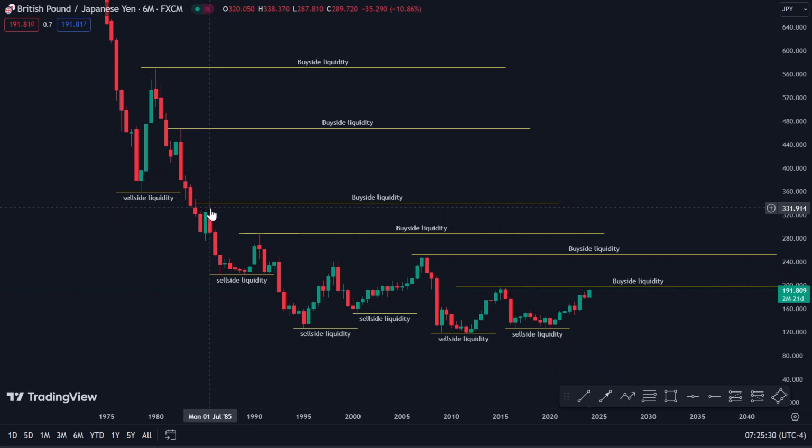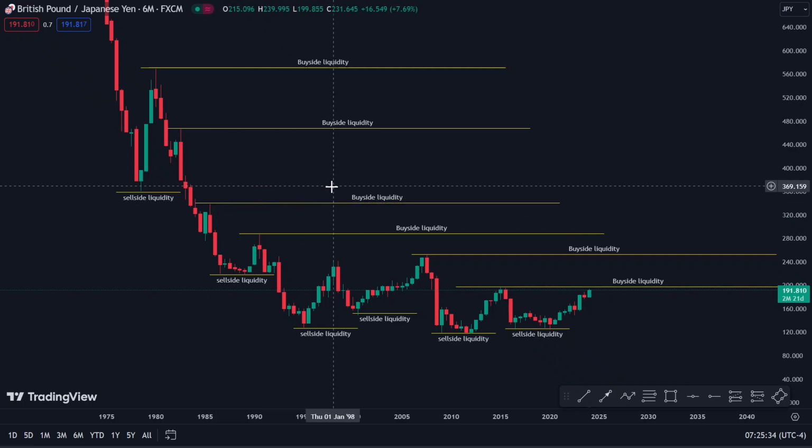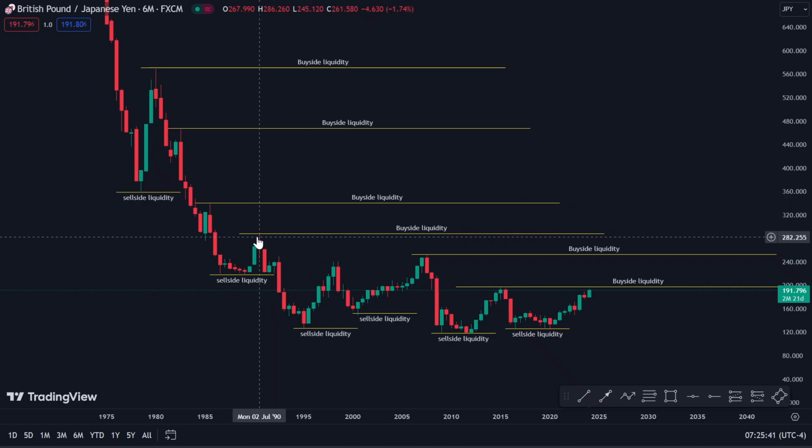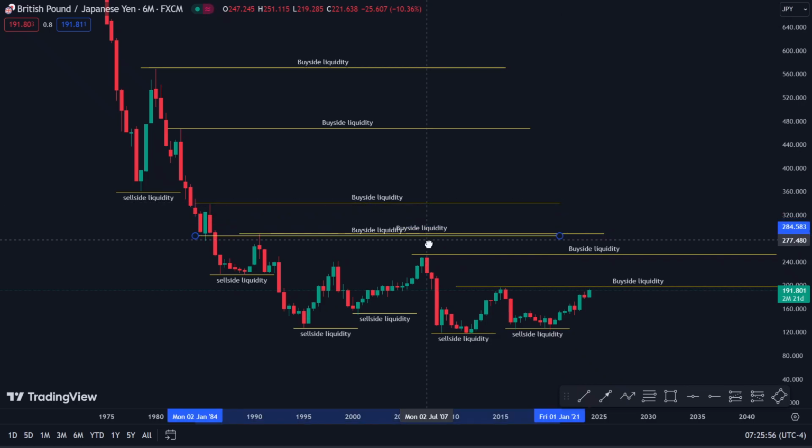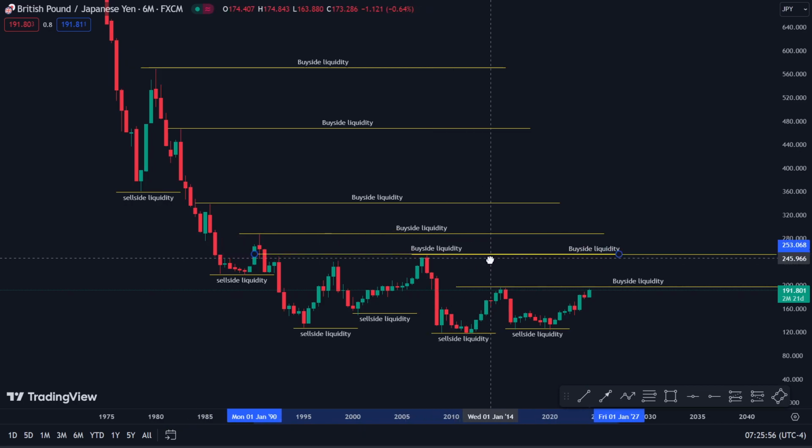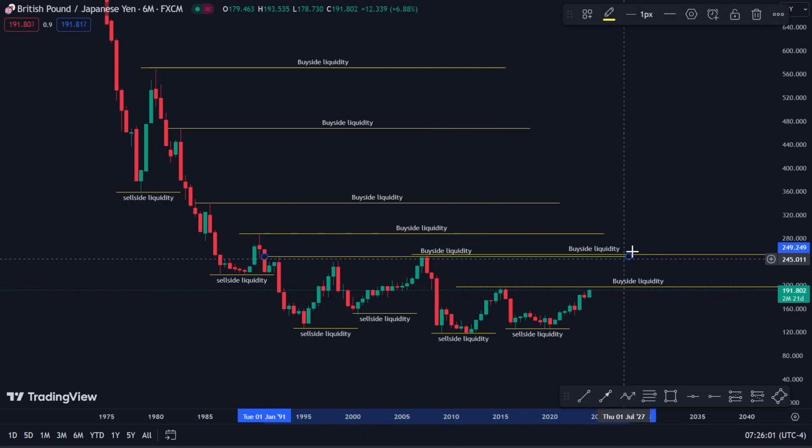Over here, we also have a swing high. Above this swing high, we have a cluster of buy stops, and this equally and likewise forms our buy side liquidity. There is also another swing high over here, which forms also our buy side liquidity. There is also another one over here that I probably forgot to annotate, and let's do it some justice by annotating it.